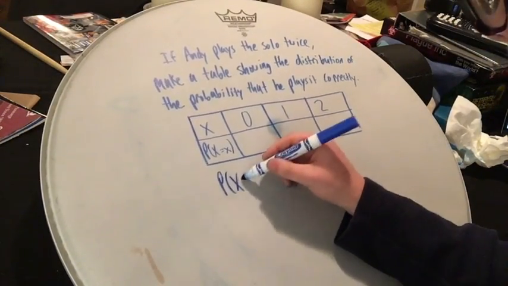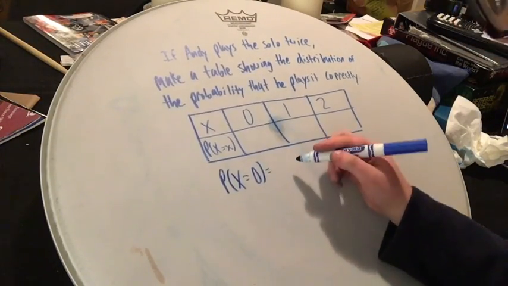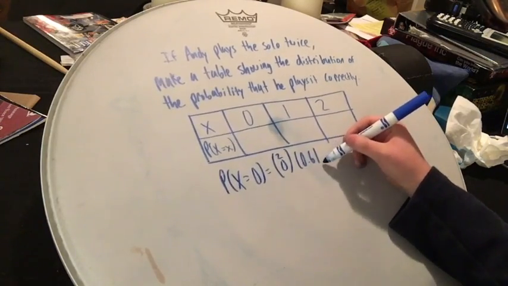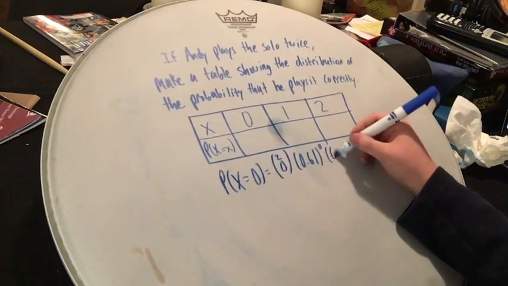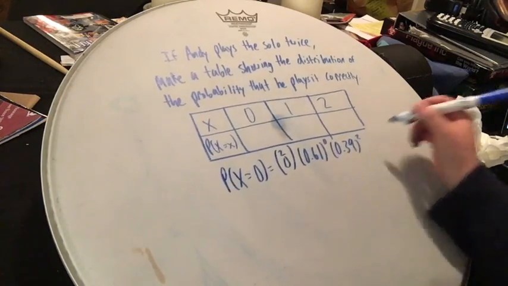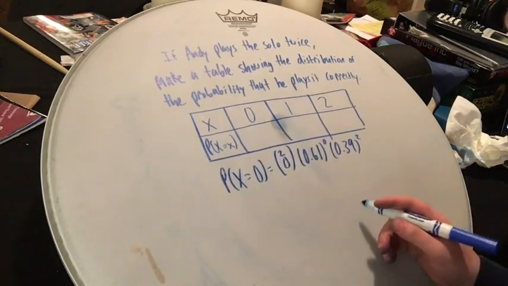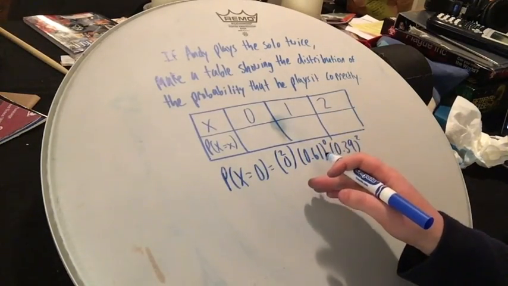So let's start with this one, shall we? Probability of big X equals 0, the random variable, equals 2 choose 0 times 0.61, the probability of success, to the power of r, so that's 0, and then 0.39 squared. This one's pretty simple, because a rule of thumb is that any n choose 0 is always 1.